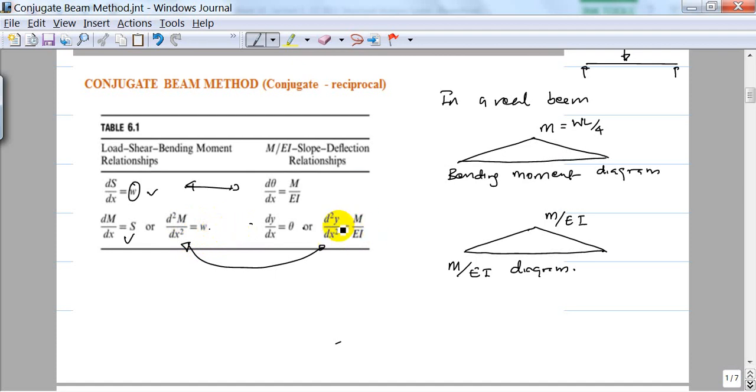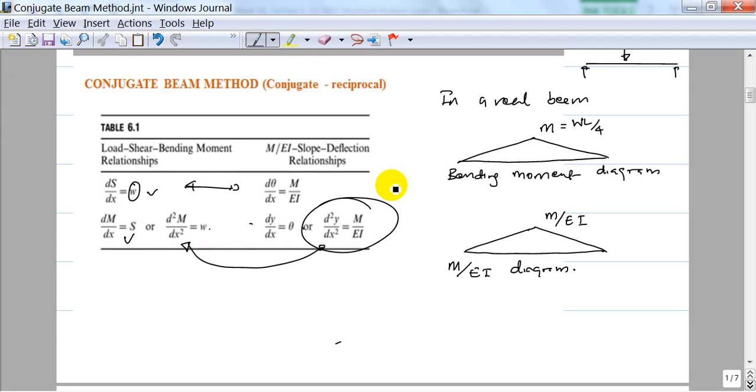Similarly, this equation has a similar pattern, which means that the bending moment of a conjugate beam is going to be the deflection of a real beam. So if you can plot a conjugate beam and apply M over EI as a load on that conjugate beam, then you can work out shear force equations and bending moment equations for that conjugate beam, considering M over EI as the load.